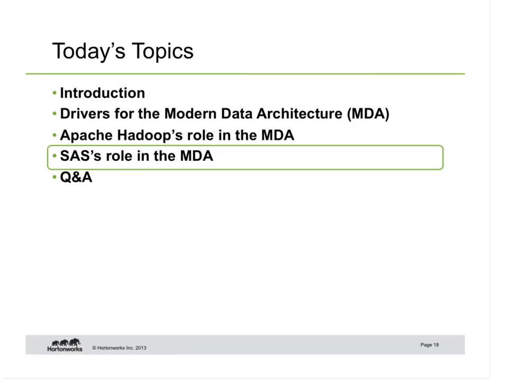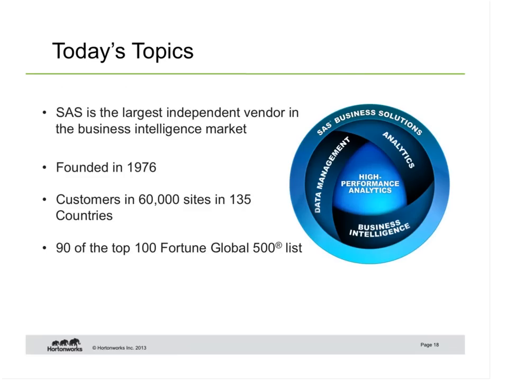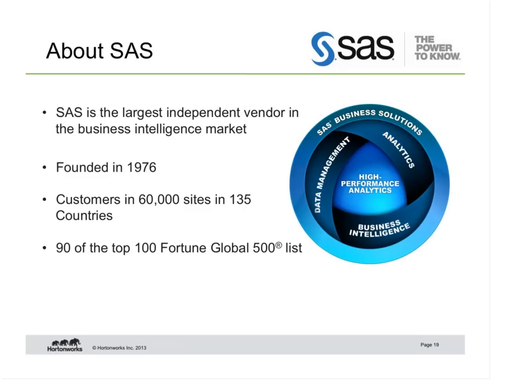What I thought I would do is spend a couple of minutes talking a little bit about SAS in case you don't know, and then we'll jump into how SAS leverages Hadoop and can leverage Hortonworks technology. SAS is a large software company. We're actually the largest independent business intelligence vendor in the market.